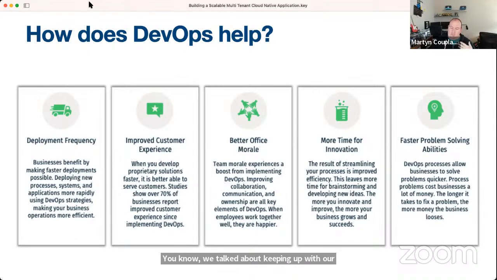If you can deploy more often, if you can take your business problems or your customers' business problems in your product and develop new processes and systems more rapidly using strategies that DevOps teaches us, you make your business more efficient. You realize your ideas quicker than your competitors, and that gives you an edge in your market. There's a lot of the processes within DevOps and a lot of the systems that we use that enable that to happen for us and enable it to happen well with time.